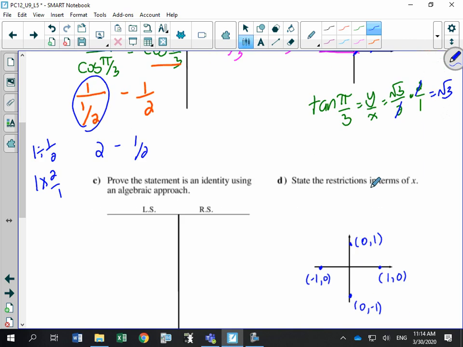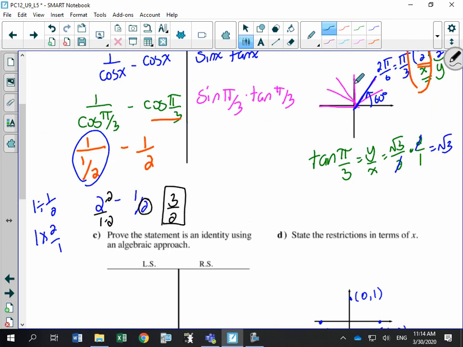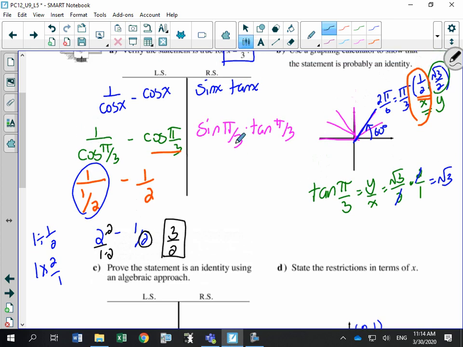Let's get common denominators. So we have fractions. So this is 2 over 1. I need a common denominator of 2. So I'm going to multiply this side by 2 and this side by 2. And I have 4 minus 1. So on the left-hand side, I've got 3 over 2. And let's see if I get the exact same thing on the right-hand side. So on the right-hand side, sine of pi over 3. So sine, remember, is your y value.